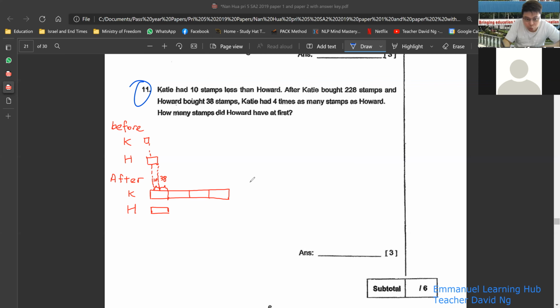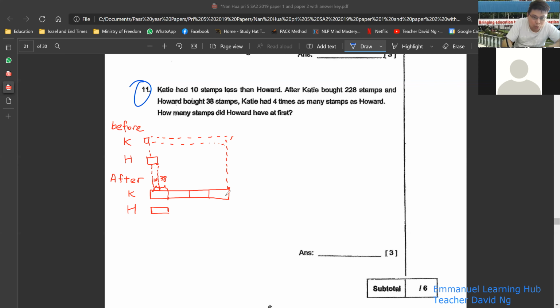Katie bought how many stamps? 228 stamps. That means from here to here is 228. But you think for a moment. You know that from this point to this point is 228, right? Yes. Agree?